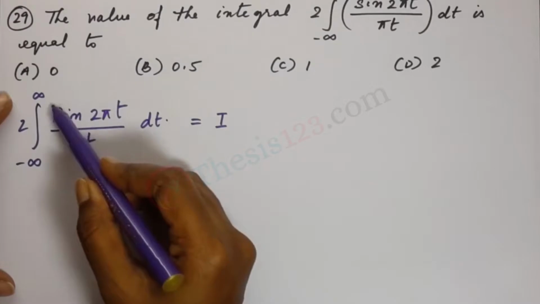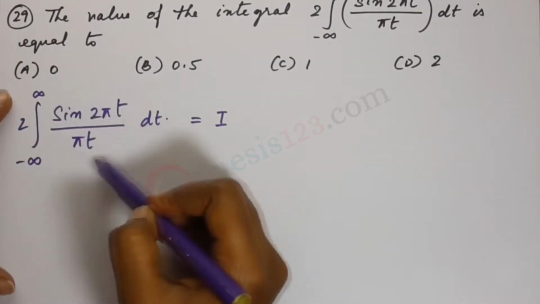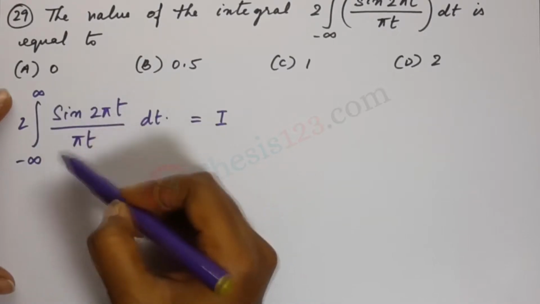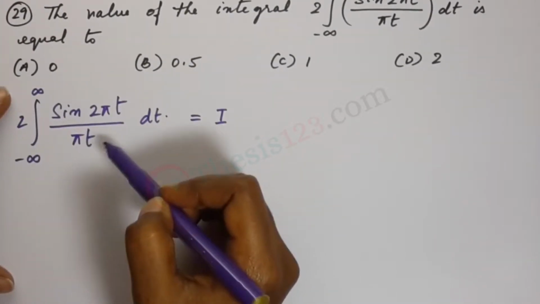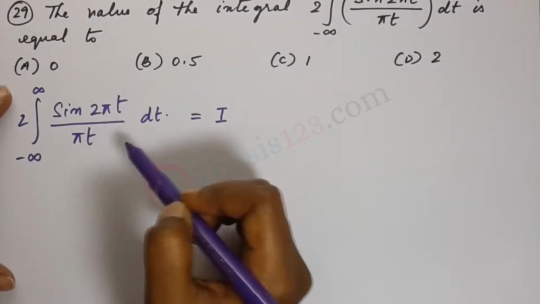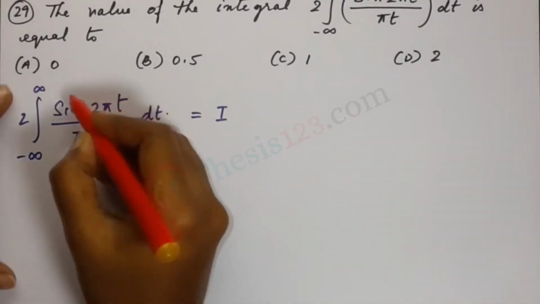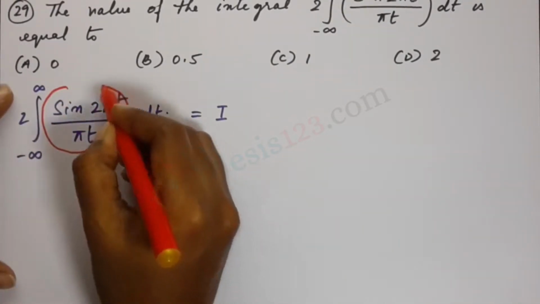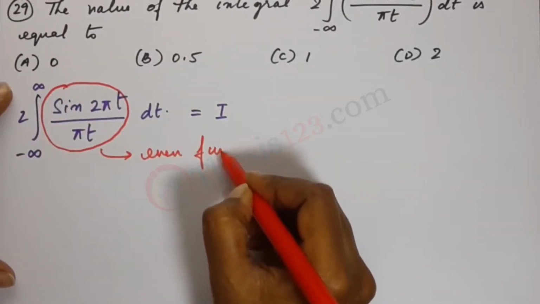Now look at the portion within the integral: sine 2 pi t by pi t. Now this is an even function. You know sine by itself is an odd function, but here, since it is 2 pi t by pi t, the entire expression is an even function.